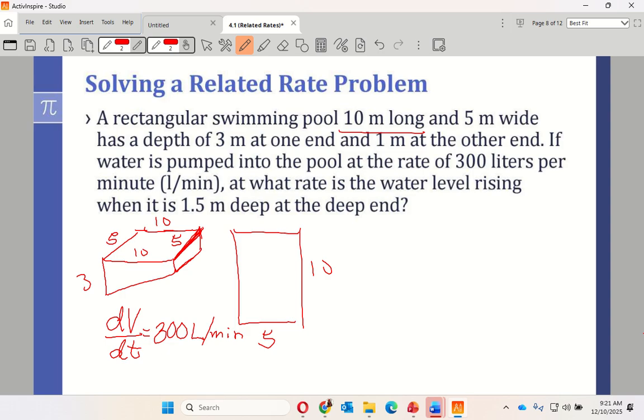So this is 1.5, so it would end up right here. It's not area, and it's not volume. It's height.